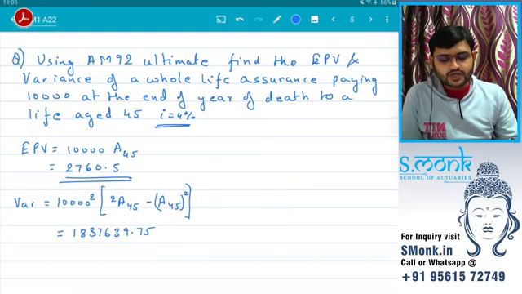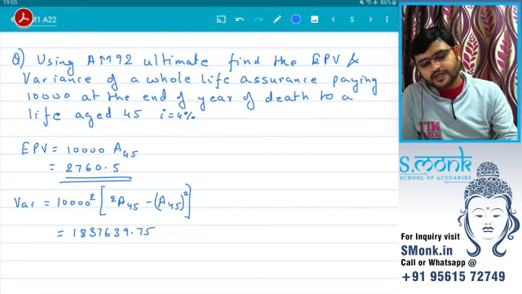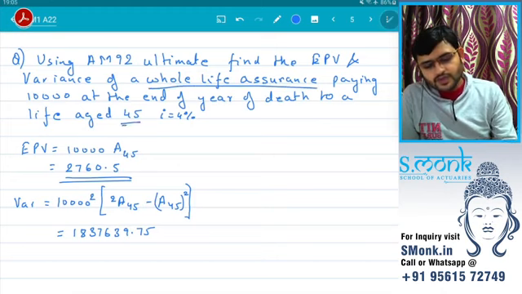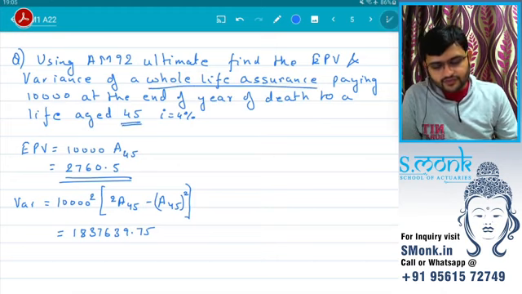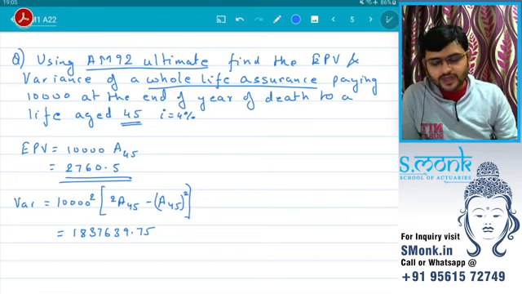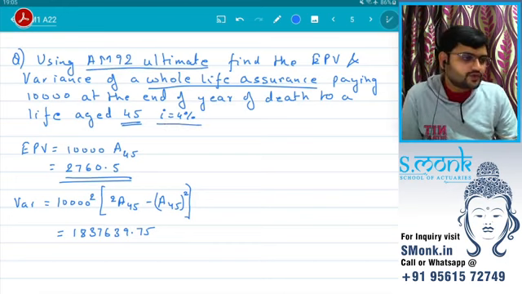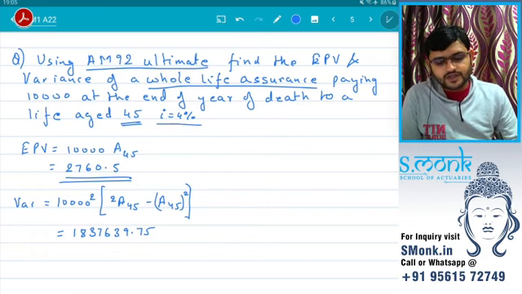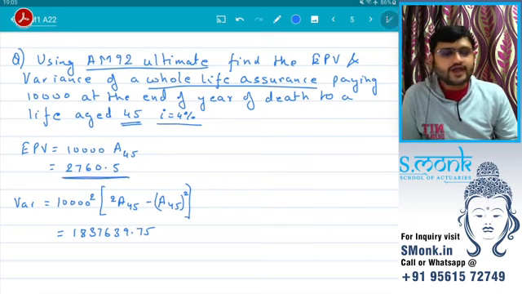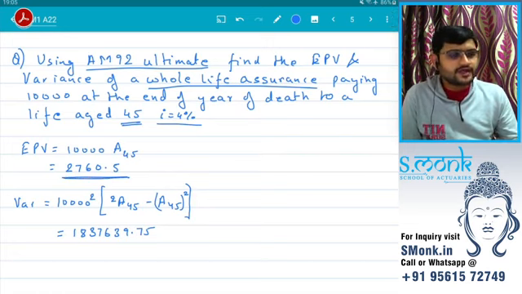So if the company releases a whole life assurance to people aged 45, and assumes that the probability will follow AM92 ultimate and we will be earning at 4% rate of interest, then the company would be bearing a cost of 2760.5 per person, to whom we will be selling that particular policy.